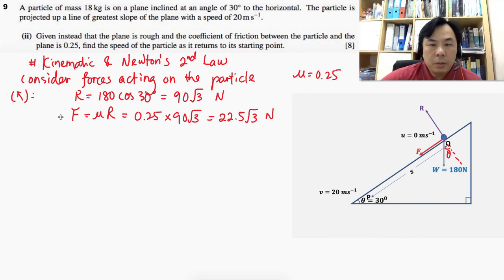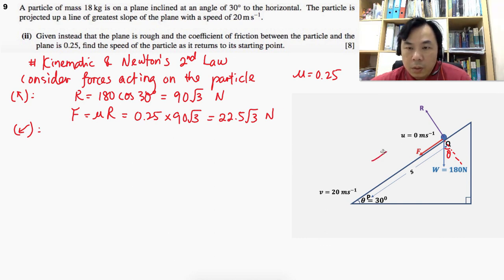Next, we're going to consider the forces acting along the slope. We know it must be along the slope because the object is moving upward. Initially, I think my arrow was wrongly drawn, so I'm actually considering the motion along the slope going up.